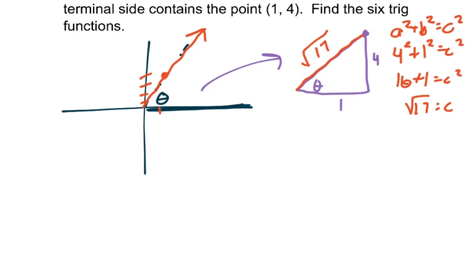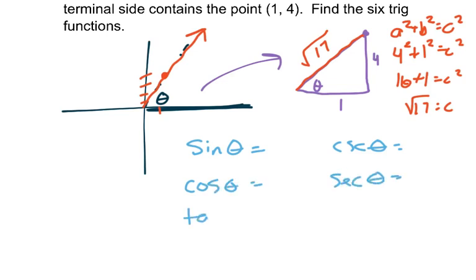If we want to do all of our 6 trig functions, remember we have sine and then its flip of cosecant. Then we have cosine and its flip of secant. Tangent and its flip of cotangent. So based on where the angle is sitting, this is your opposite, this is your adjacent, and of course this is the hypotenuse.